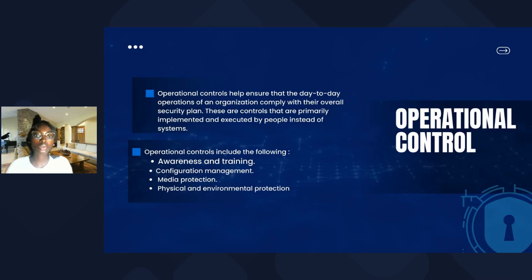You have examples such as awareness and training falling under this category. So part of the organization's overall security plan is to ensure that we have confidentiality, integrity, and availability of our information, right?